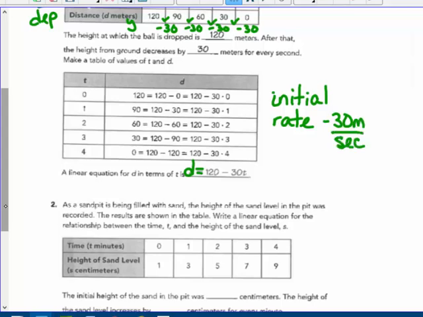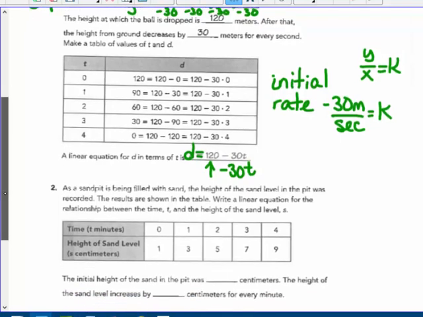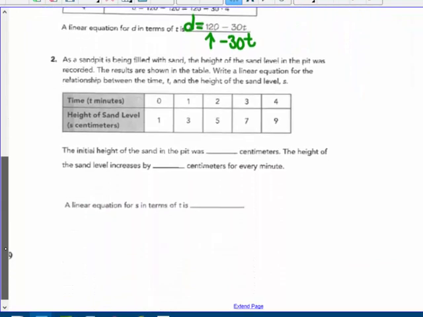Last year you called that thing the k, that rate, y over x equals k. Remember that from last year? Well, that's the rate at which the ball is dropping. So my equation has to have my initial amount in it, and since it's going down by 30, that's why there's that -30 times every second. So there's my rate, -30, and here's my initial amount.